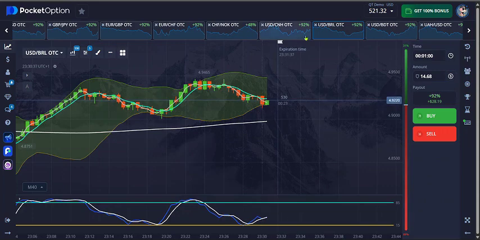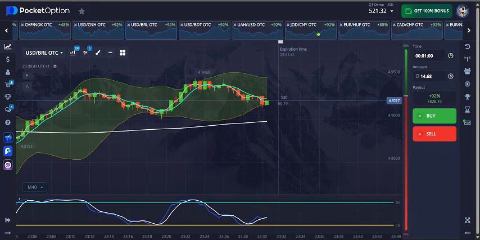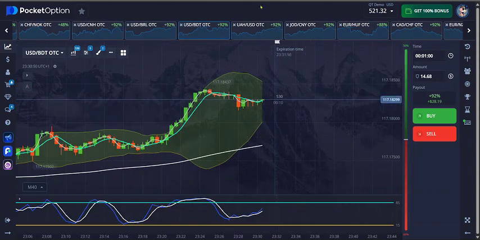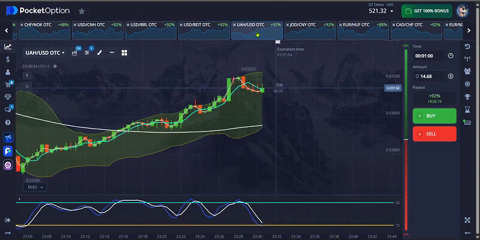All we need to do is to win one trade out of 8, and then we'll recover our money. So let's then look for a good trade.